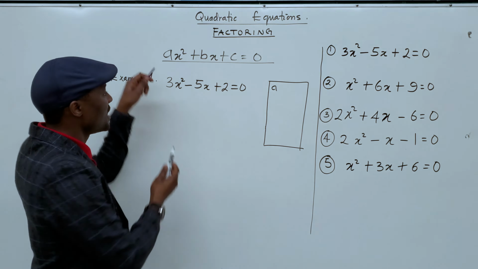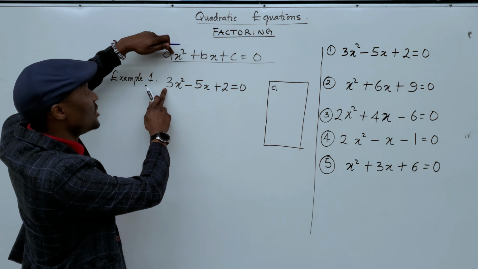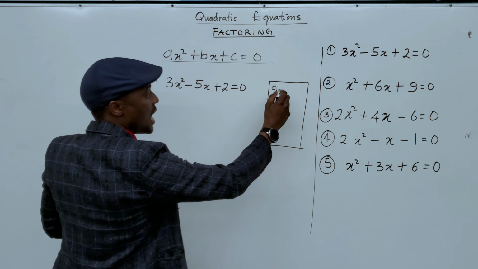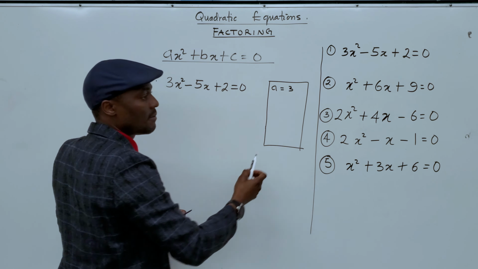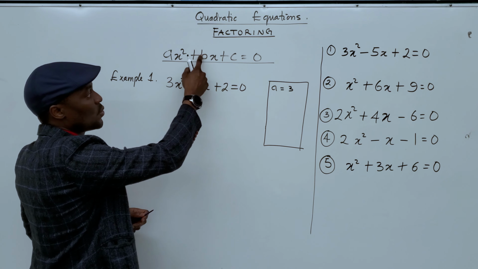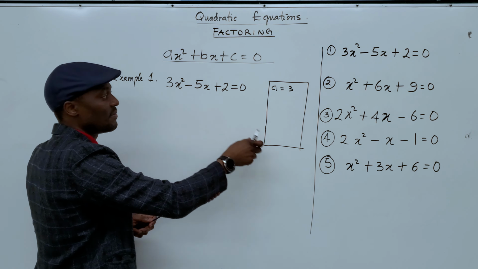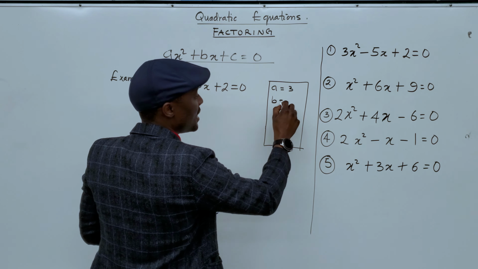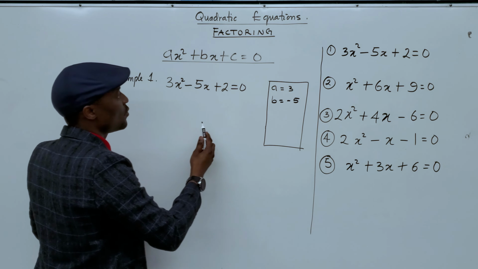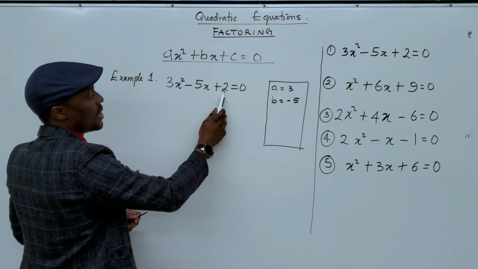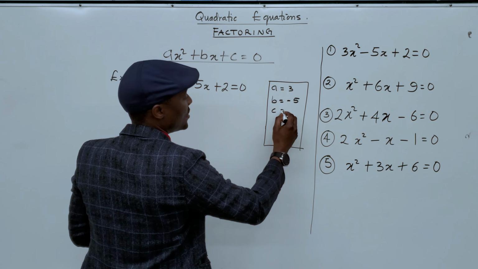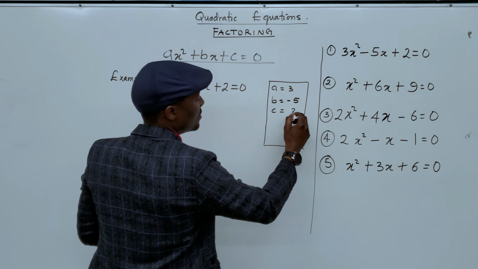As you can see, the A for this quadratic equation is 3. A equals 3. What is the B for this quadratic equation? It's -5. My B is -5. And what is the C for this quadratic equation? It's +2. C equals +2.